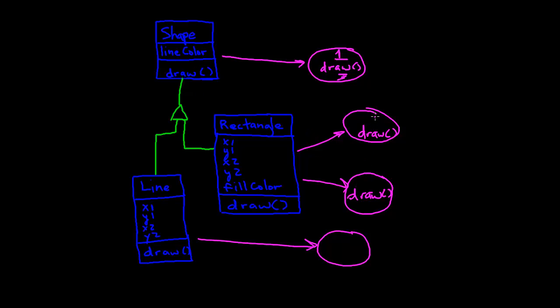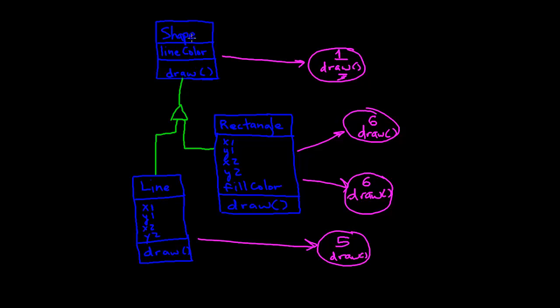So each rectangle object actually has 6 attributes inside. The line object has a draw method, and it has 4 attributes in addition to the line color attribute inherited from its parent class. So the line object has 5 attributes.